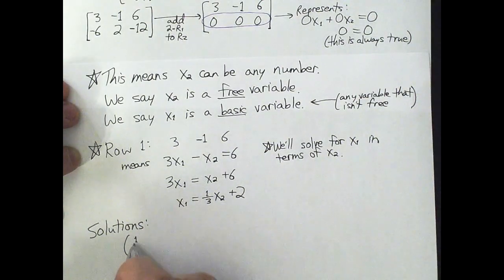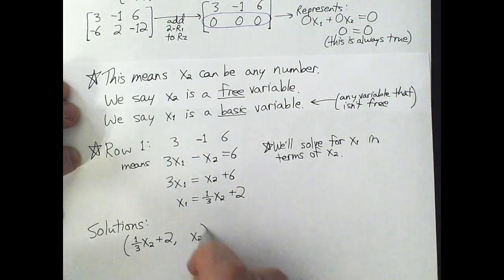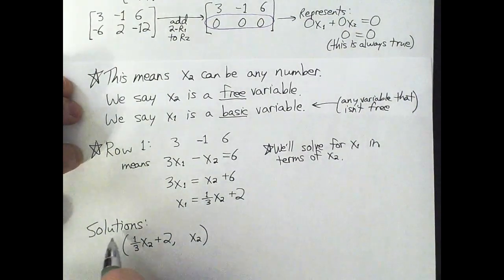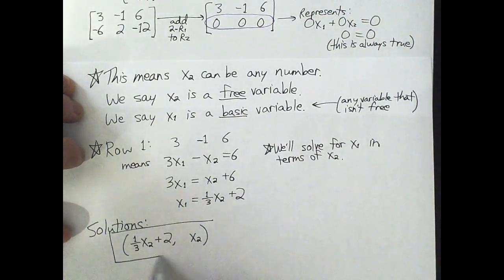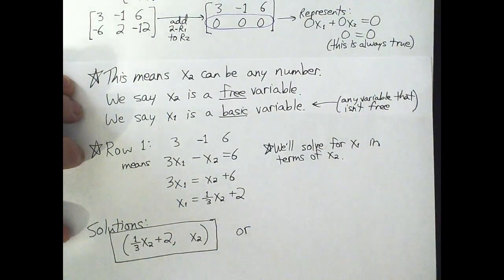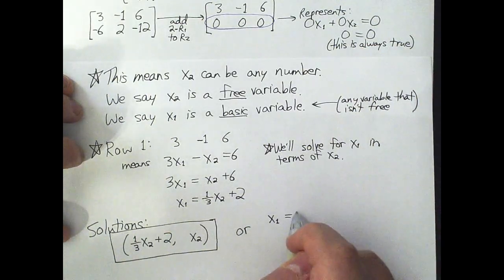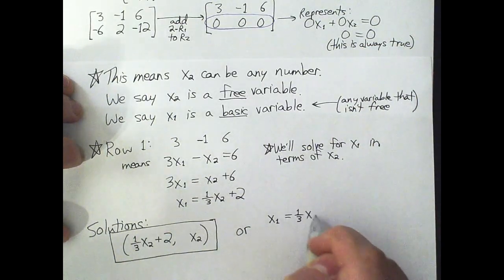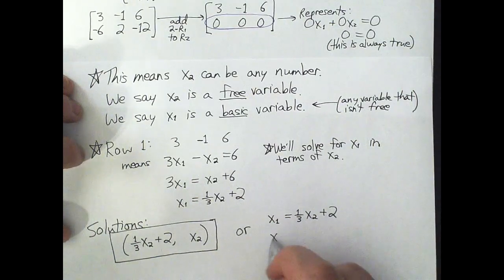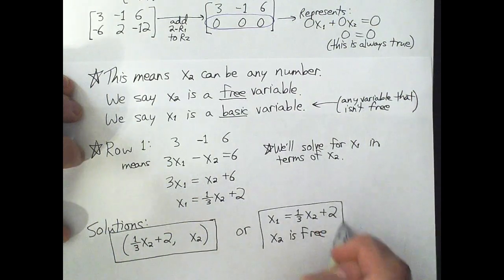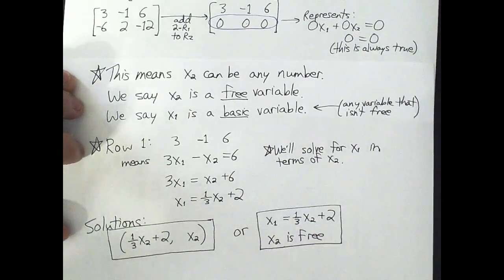I'm going to write what we found for x1, comma, x2 is just x2. Or another way to write this is you could say x1 equals 1/3 x2 plus 2, x2 is free. Those are 2 ways to write this solution set.